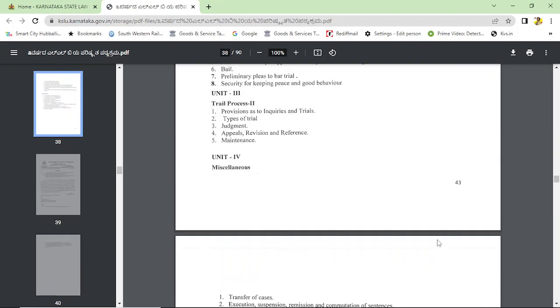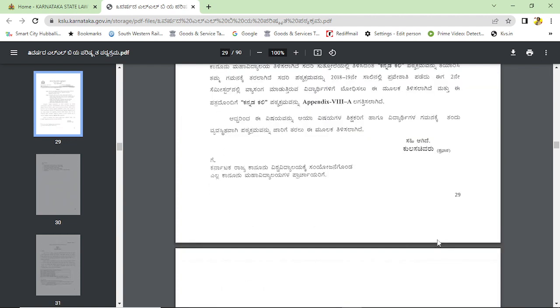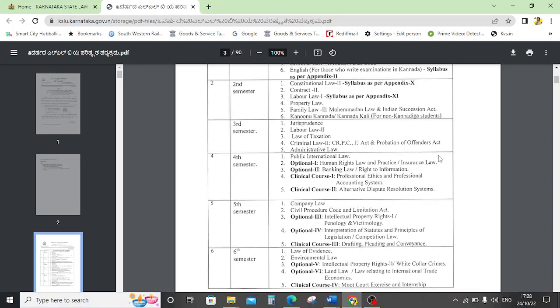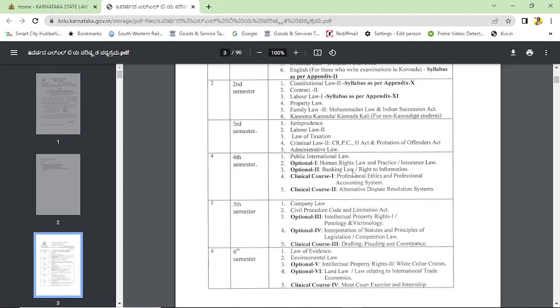If you compare to the other option, which is insurance law and banking law, these are more specific to a particular industry. And it's my personal opinion that I felt it is easy to pass if we choose public international law as it's a compulsory subject, and human rights and right to information have the same common thread of laws, subjects, and understanding.